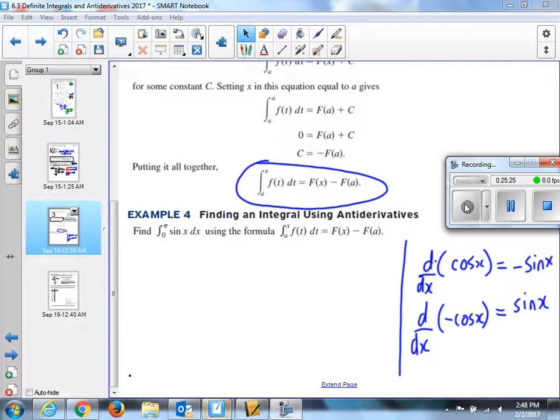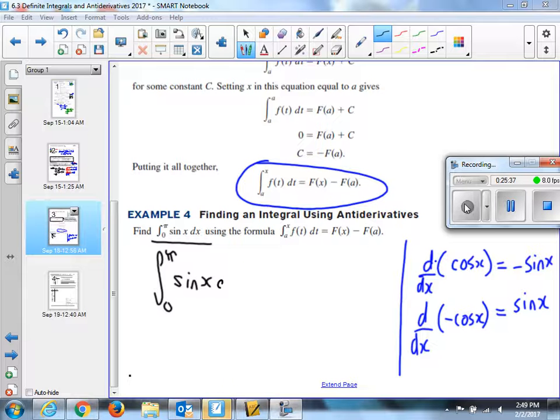But here's what we're saying. Find the integral from 0 to pi of sine of x dx by using this formula. Now this doesn't go, that's from a to x, they say there.